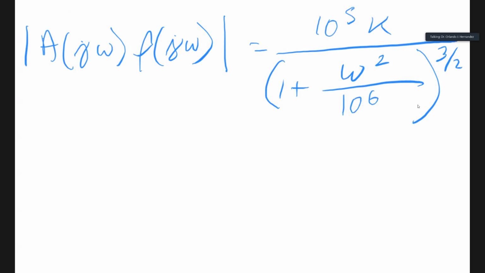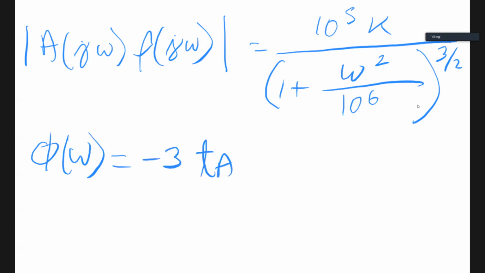And then I also need to look at the expression for the phase as a function of omega, and if you do the algebra, you get -3 tangent inverse of omega divided by 10 to the third, okay?